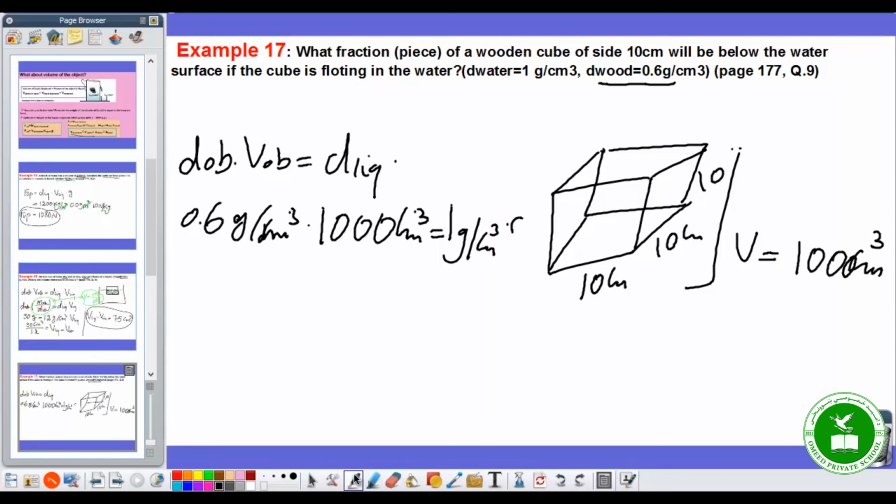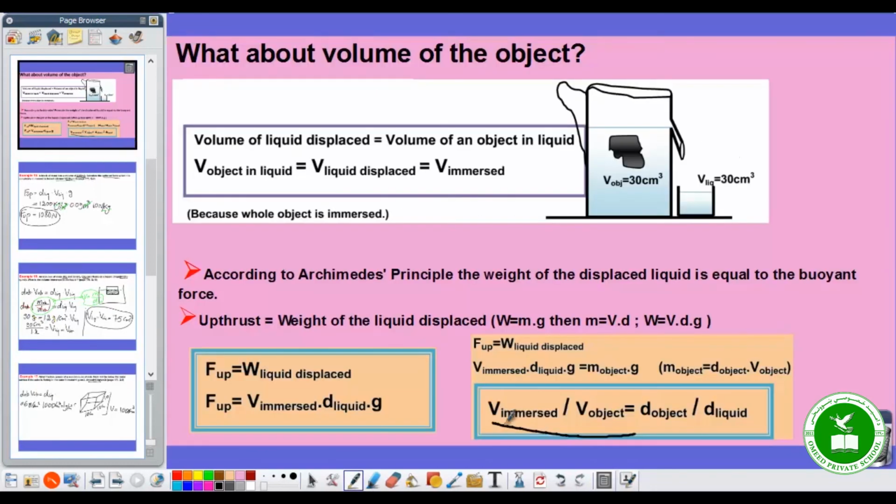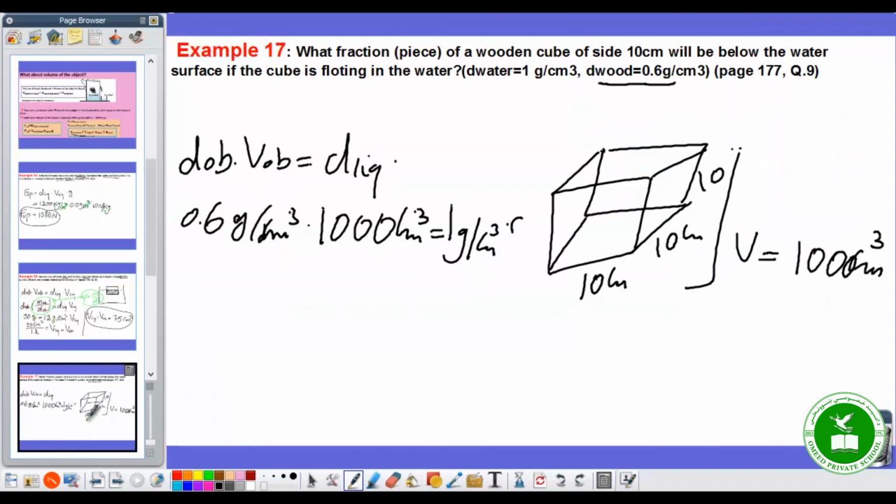You remember this formula? Gram per centimeter cube cancels. 0.6 into 1000 is 600 centimeter cube. This 600 centimeter cube is equal to V immersed.